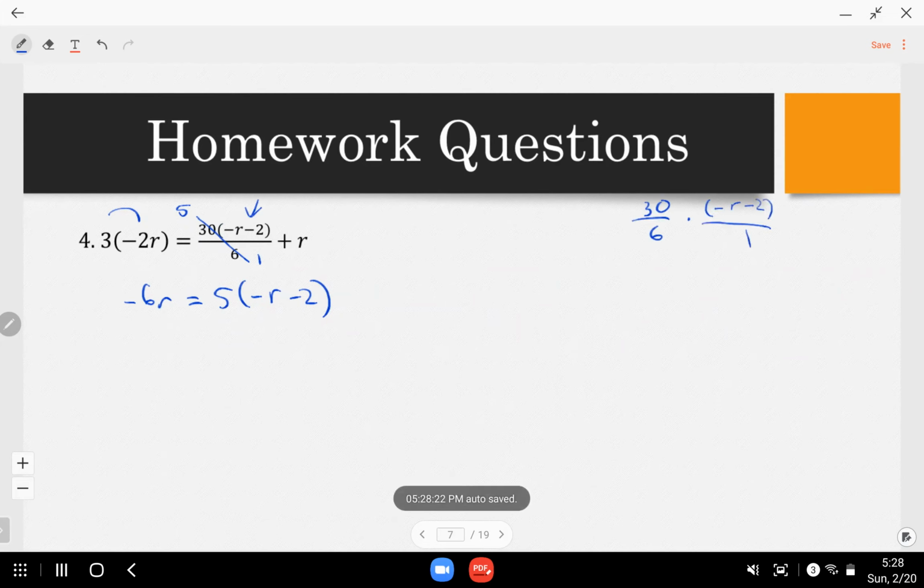That's what it really is. So if you just turn this into 5 times negative r minus 2 over 1, then you get 5 times negative r minus 2. Pretty easy, right? Then you have this plus r, and then it's just the distributive property from now on.